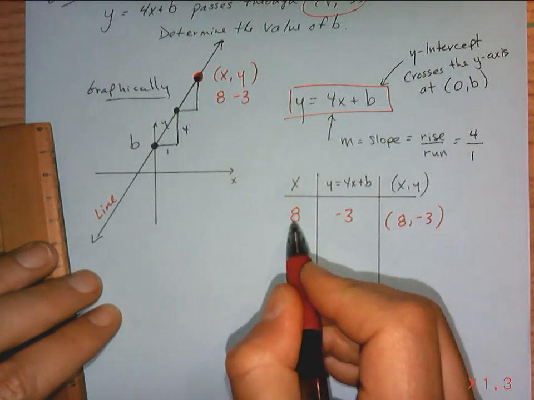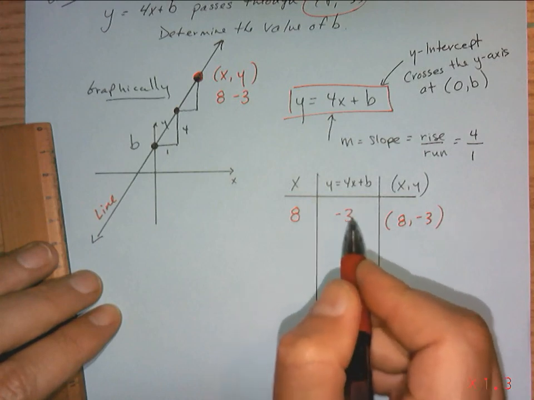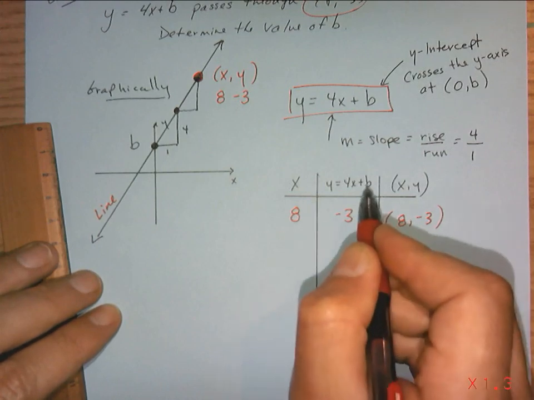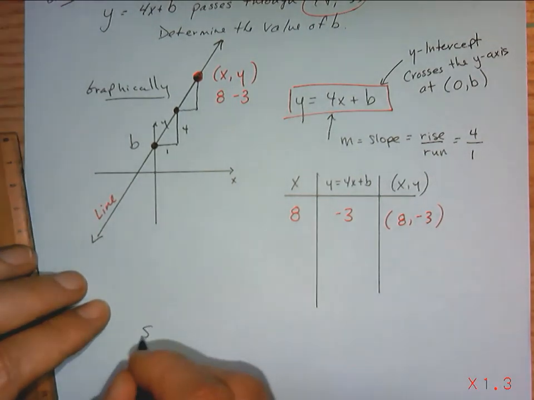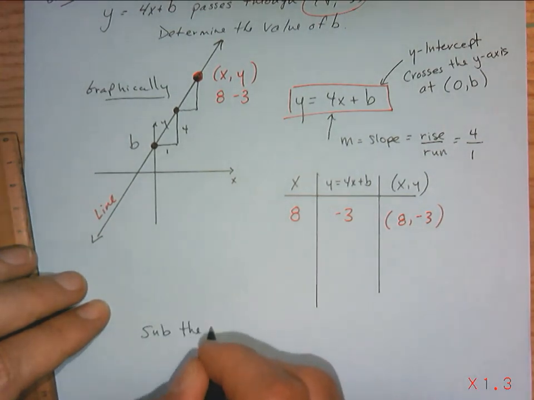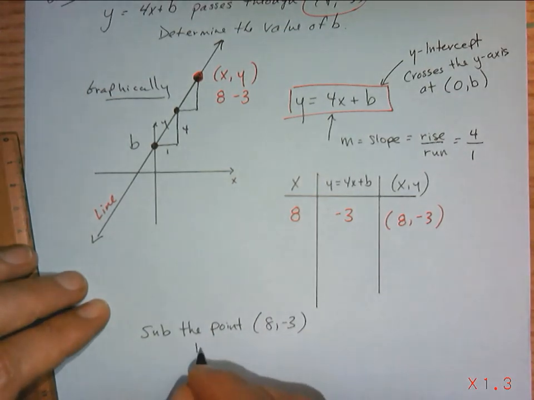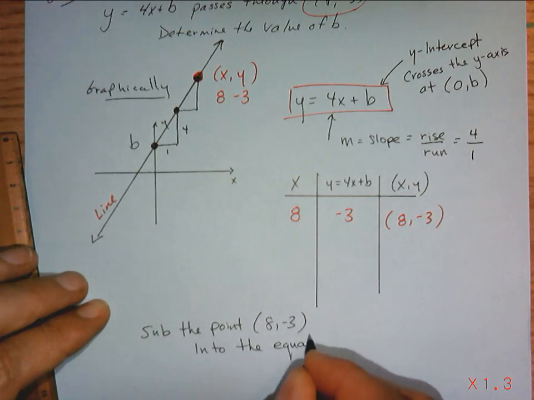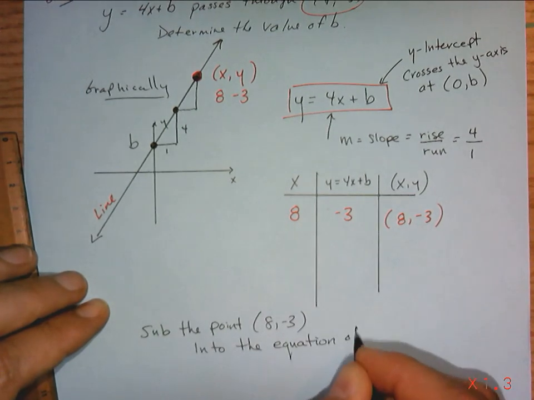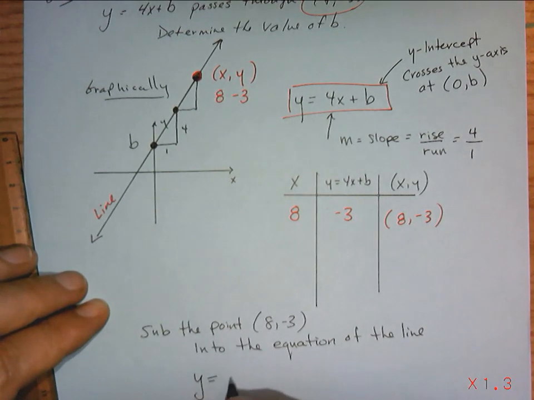This line is passing through that point, which means that this point must lie on the line, which means that this has to be true. That when I put in x equals 8 and y equals negative 3, it has to satisfy this equation. So what you do is you sub the point 8 comma negative 3 into the equation of the line, which is given by y equals 4x plus b.